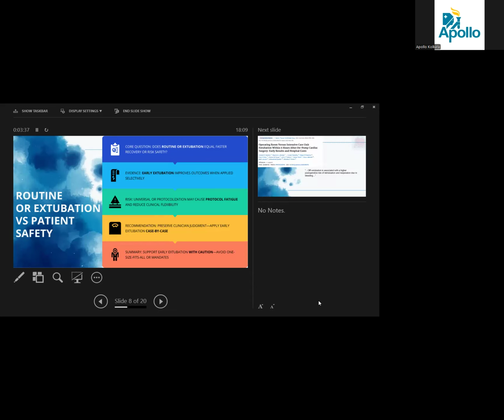And yes, of course, we can talk about OR extubation on the other hand, with the evidence of early extubation improving outcomes when applied, but those outcomes are only improved in terms of extubation within 6 hours, not immediate operating room extubation. And yes, it is a case-to-case variation and not a one-size-fits-all kind of situation. The summary of the whole situation is that we have to do everything with subtle caution and care, tailored to the patient.